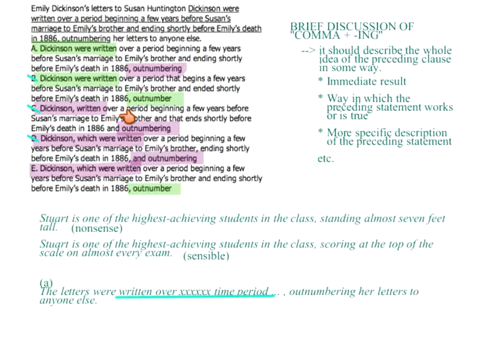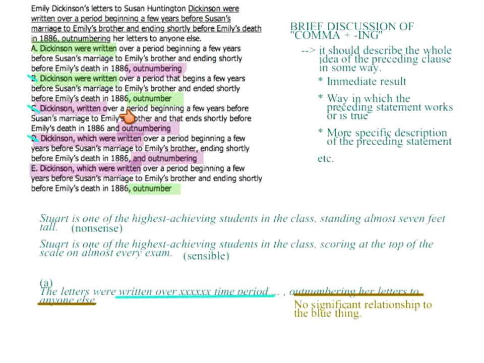This is just a time period, but this is a comparison to her letters to anyone else. That's not really a thing, because she could have written to anyone else over the same time period. In other words, the brown thing here doesn't really help to explain or describe the blue thing in any way. There's no significant relationship to the blue thing.